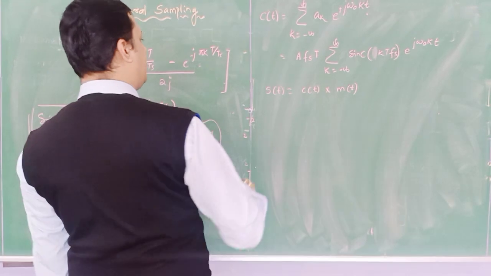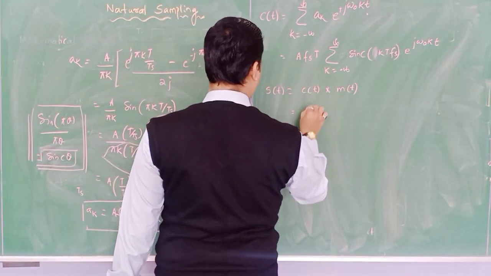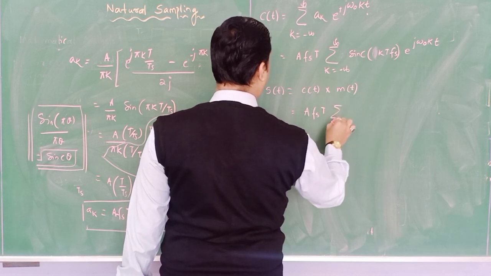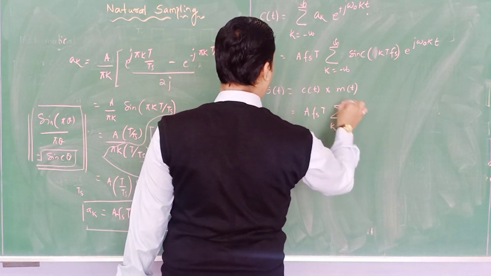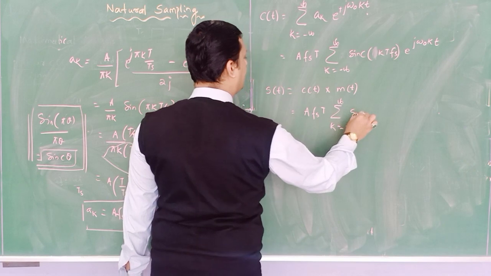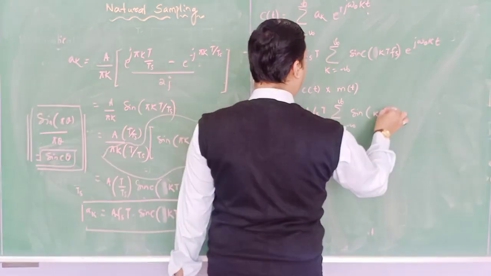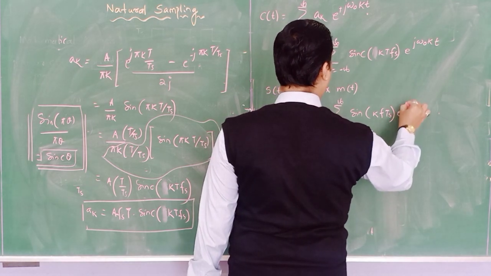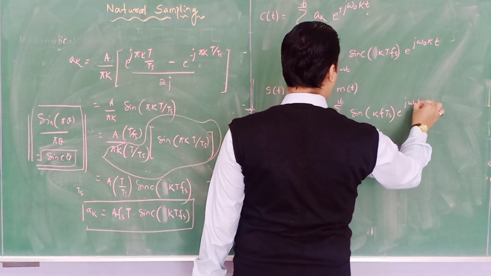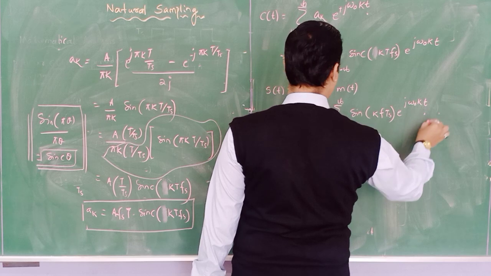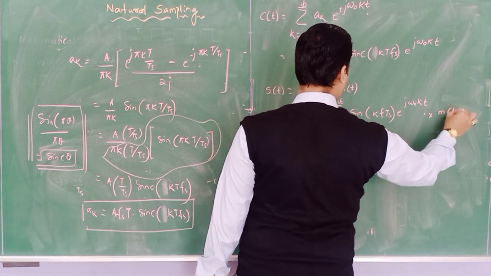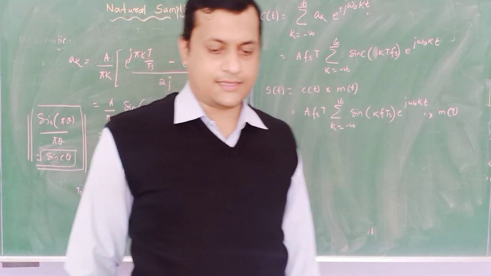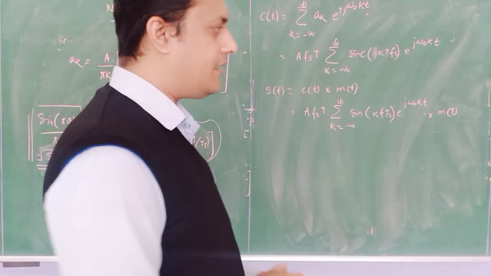If I multiply, I will get a fs into t, summation k equals minus infinity to infinity, sinc of k fs Ts, e to the power j omega naught k t into m of t. Done. So this is the representation.